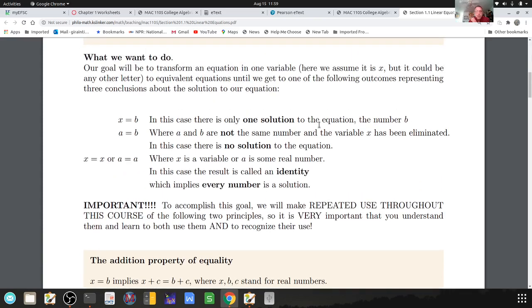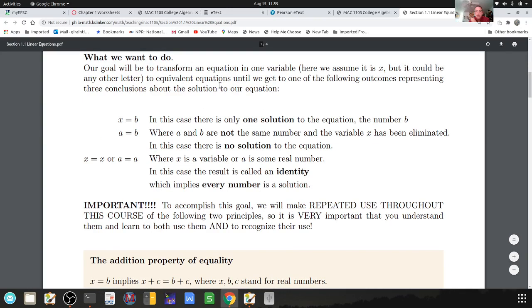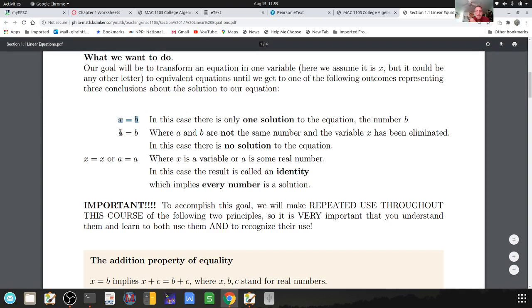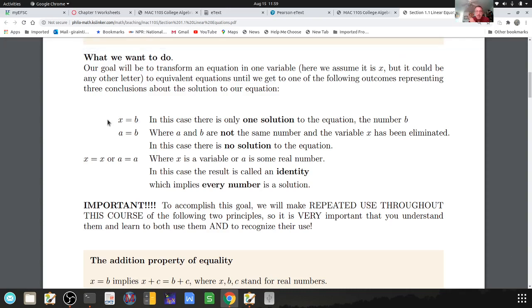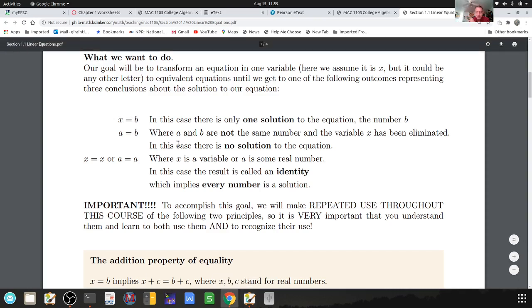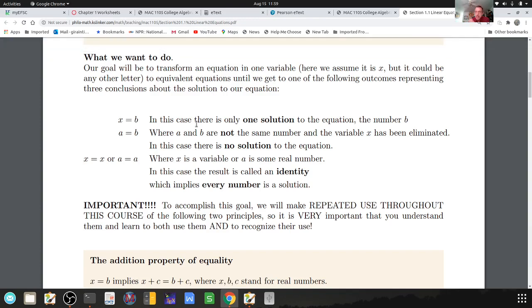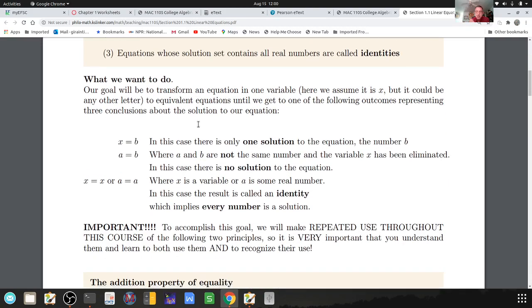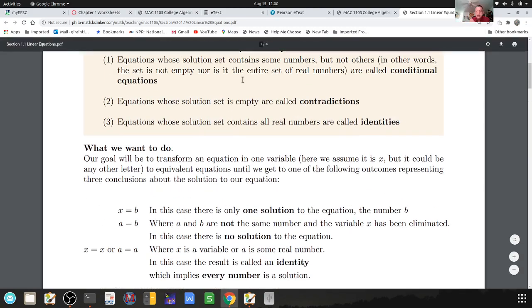We want to transform an equation in one variable to one of the following end results. x is equal to b, where b is a particular number. x is our unknown, and b is the proposed solution. In this case, there is only one solution, and by the classification of their solution sets, this is called a conditional equation.